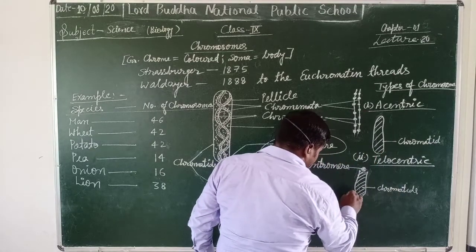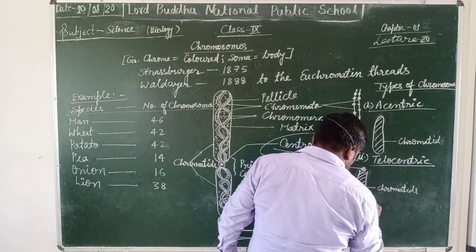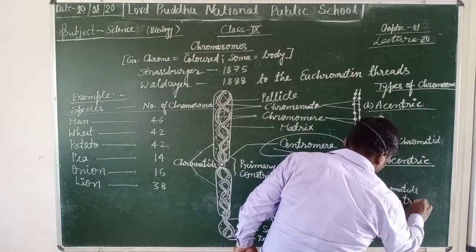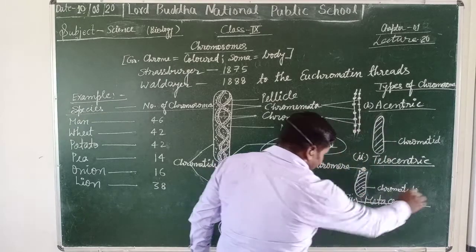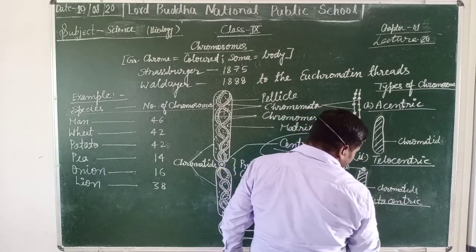Next, I take here the metacentric type of chromosome. As the term meta means in between.